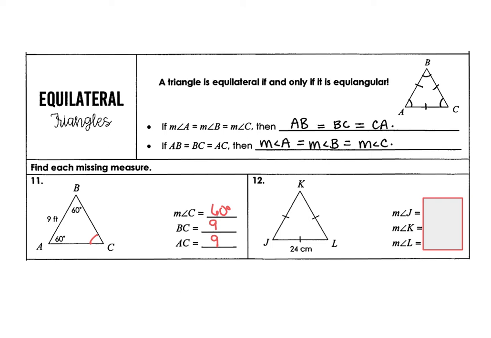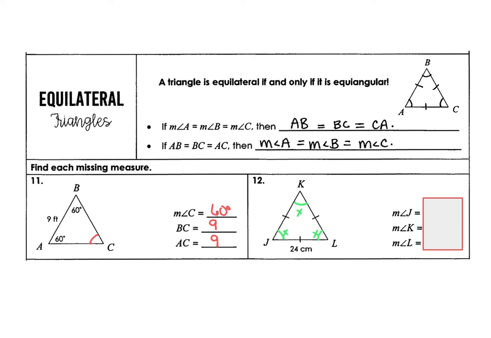They told me on this next one, all three sides are congruent. How then do I know what my angles are if they didn't give them to me? All three of my angles are also congruent, right? Why does it have to be 60? Because they all add up to 180. If this guy is X, he's going to be the same thing, and he's going to be the same thing, right? They're all the same angle.